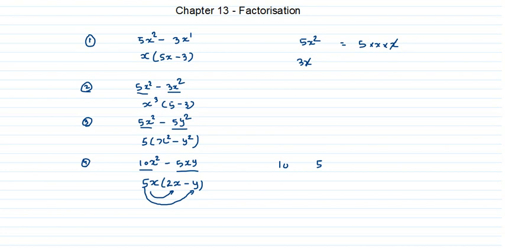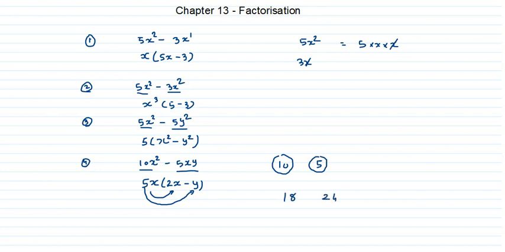This is a very important part. You have to consider the constant number as well as the variable. And you need to take the maximum value as a common number. Let's say you need to take out the common number for 18 and 24.